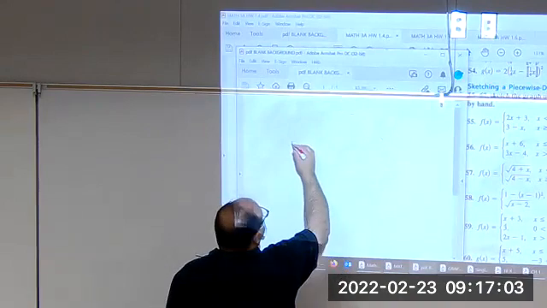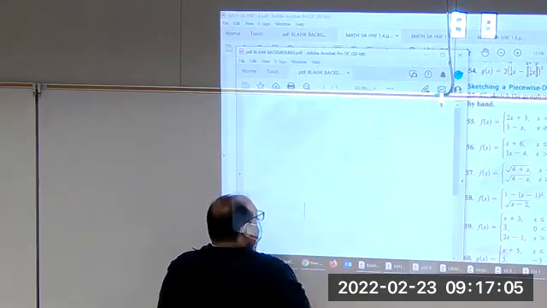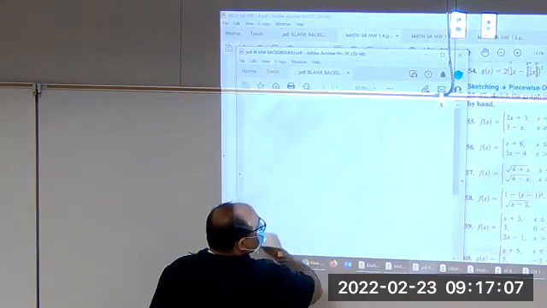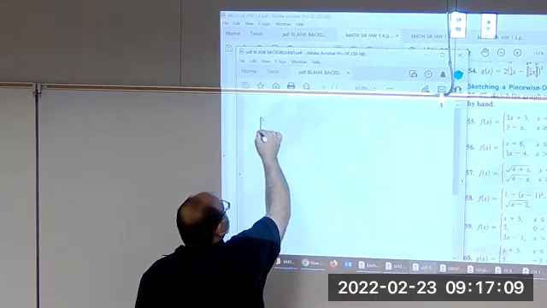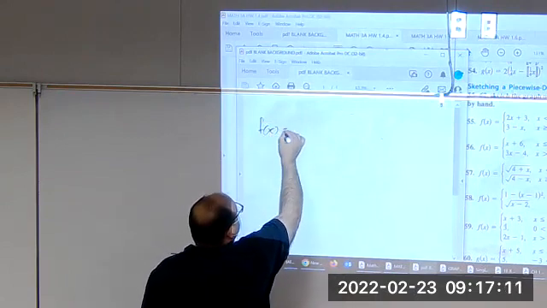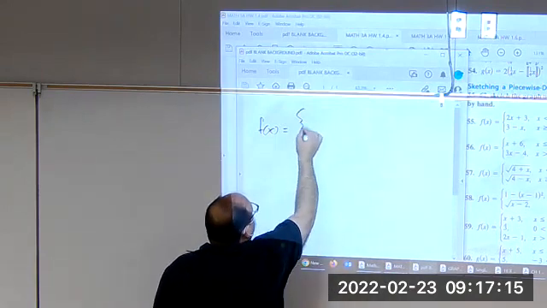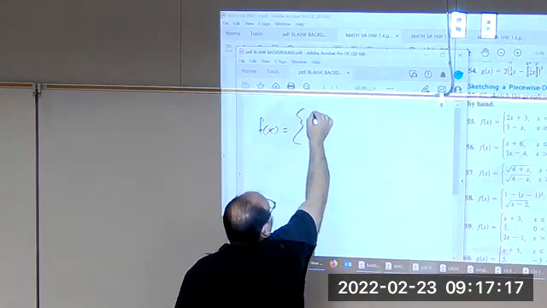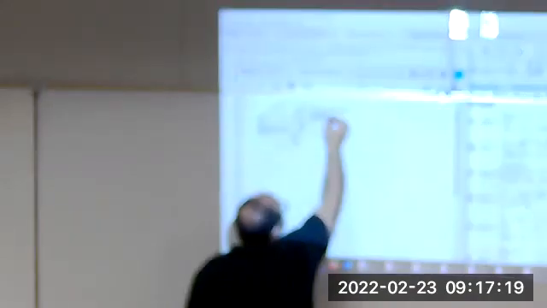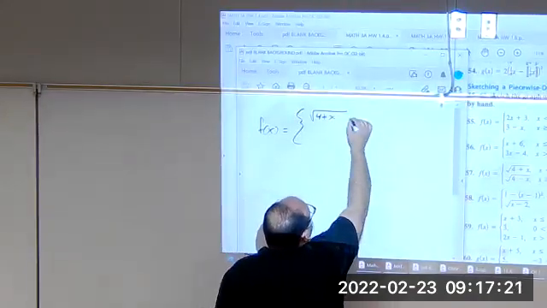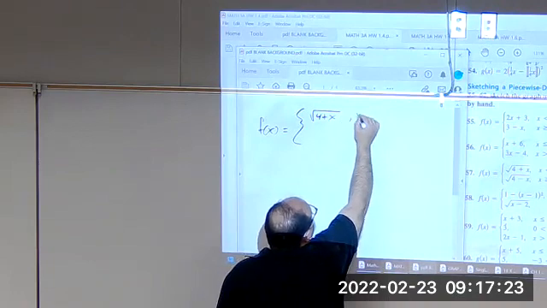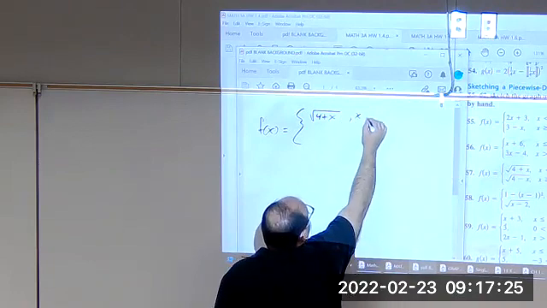A piecewise function is a function that has 2 separate pieces, and the domain is explicit instead of implied. So this function is equal to the square root of 4 plus x, and that's only if you're plugging in x's that are less than 0.